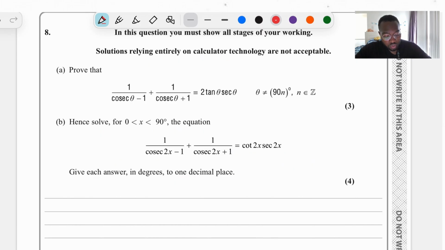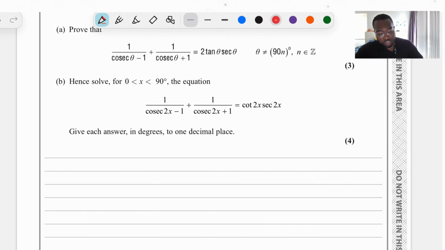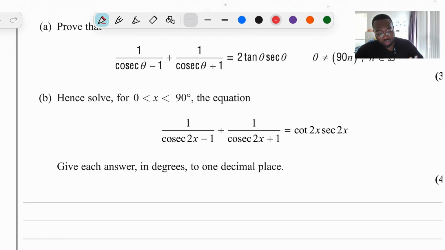So for this one, we need to prove that 1 over cosec theta minus 1 plus 1 over cosec theta plus 1 is equal to 2 tan theta sec theta. To do this one, we need to know our trig identities. What we should do first is try and write this over a single fraction.